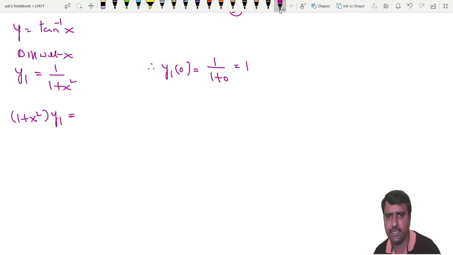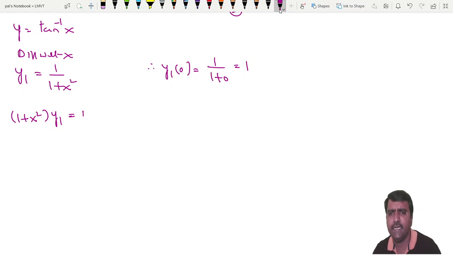1 plus x square into y1 is equal to 1. Apply nth differentiation for this. If you are applying nth differentiation, it gives that yn minus 1, yn plus 1, yn and yn minus 1 we are getting. So then it is not a problem.